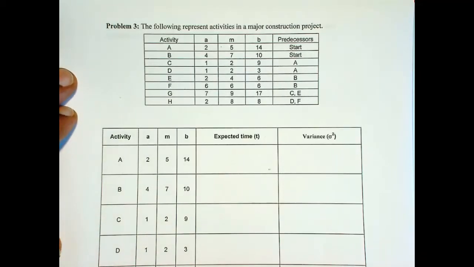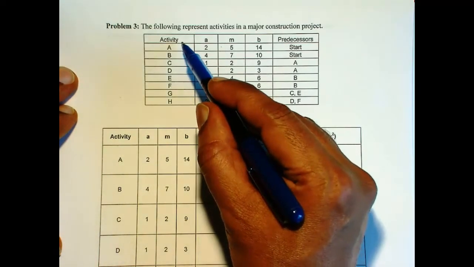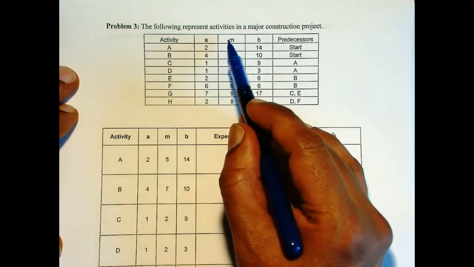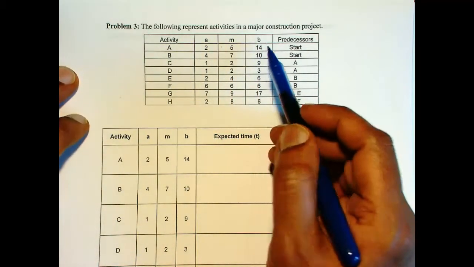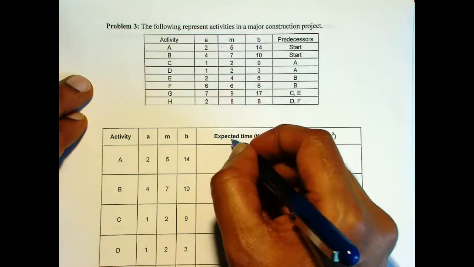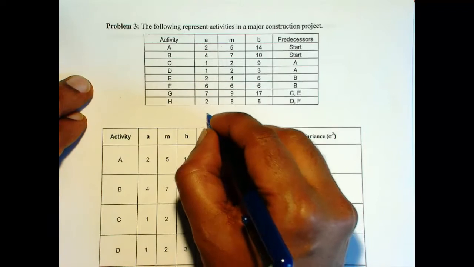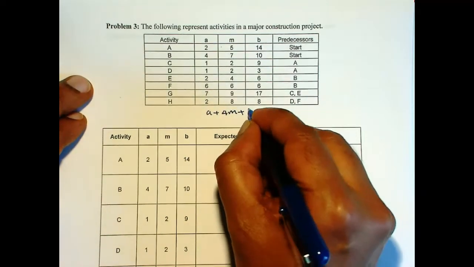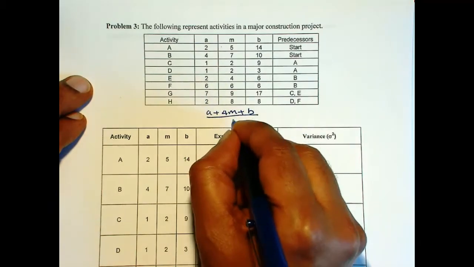Now problem number 3. So we have a list of activities and the optimistic, most likely, and pessimistic times are given. So first we're going to compute the expected times, and the formula is (a plus 4m plus b) over 6.